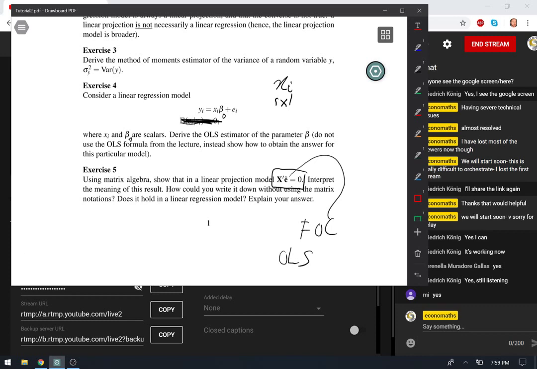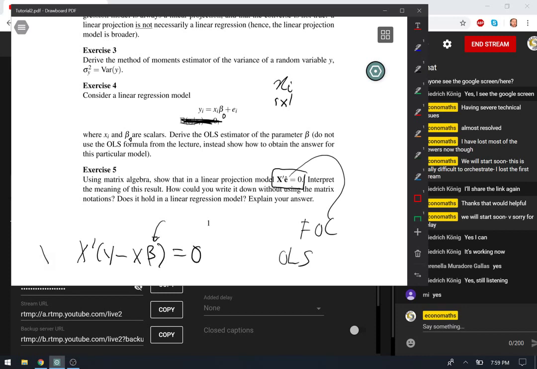When we take the sum of squared residuals in the vector case and differentiate with respect to vector beta, the first order condition will have all of the x's stacked together, x dash times y minus x beta, equals naught. And the solution to this is then the OLS estimator.